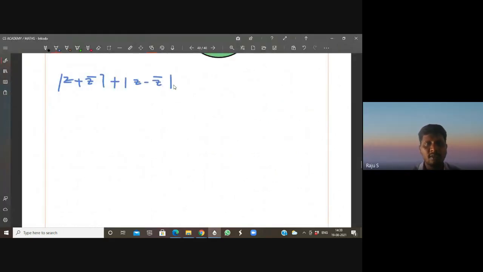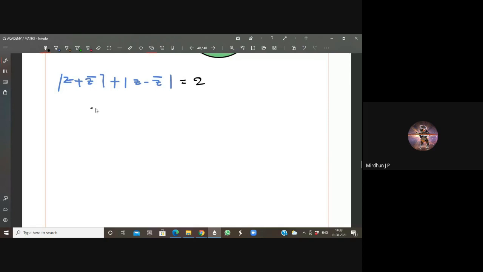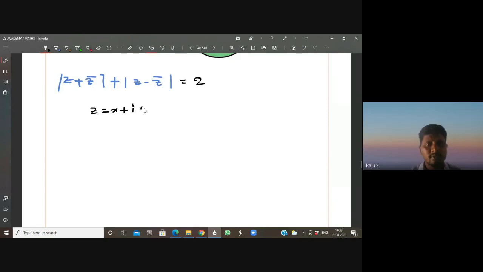Z is x plus iota y, z conjugate is x minus iota y. Z plus z conjugate, when adding, gives 2x, and z minus z conjugate gives 2 iota y. Am I right? This is equal to 2.